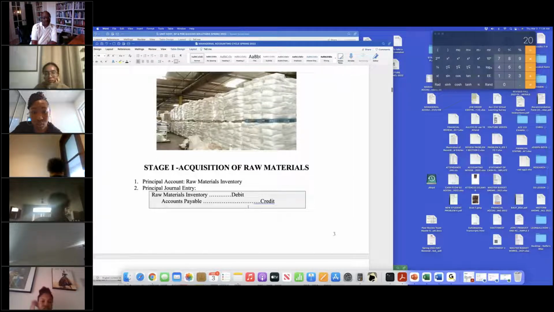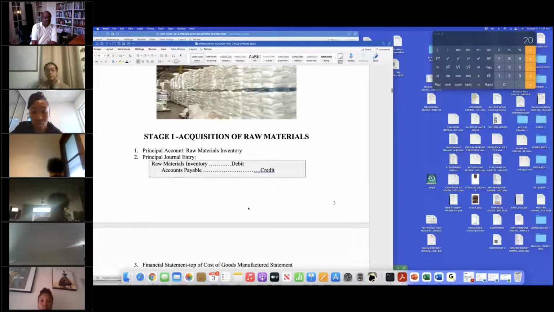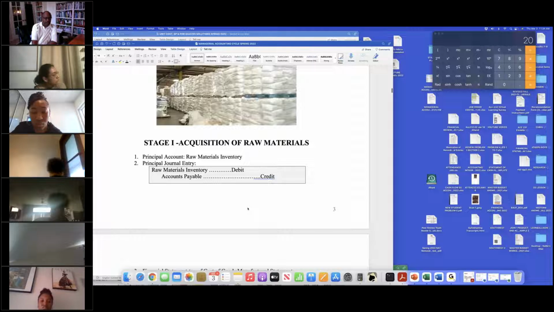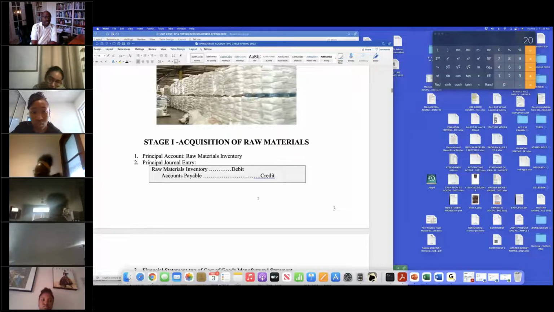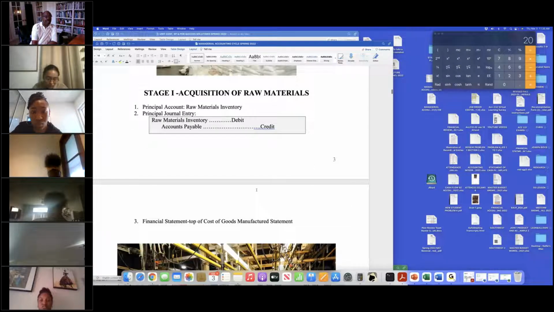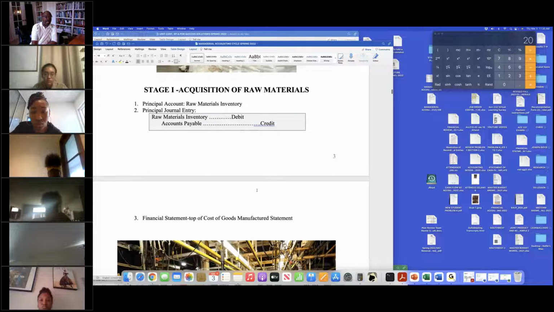We will start our company with a type 1 journal entry. We may buy some equipment also in stage 1, but this is getting ready to work. The main thing in this stage is buying the raw materials. This information in your accounts is helpful when we get ready for the cost of goods manufactured statement.